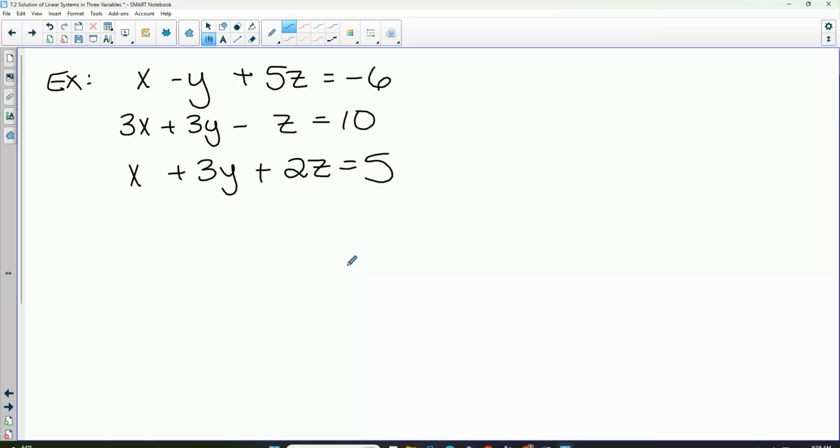So pick two equations. Let's say I just went with the first and the second. You have to eliminate a variable. So if I wanted to eliminate y, what would I do?